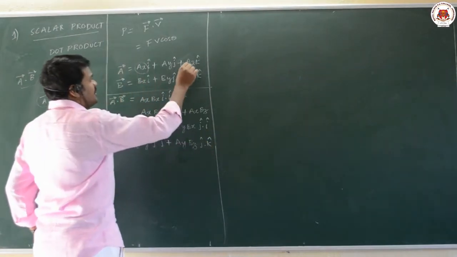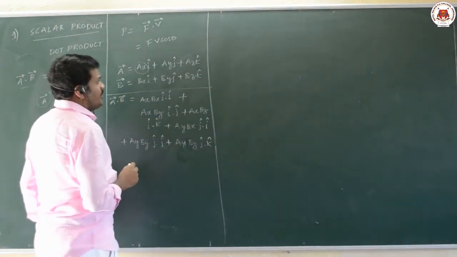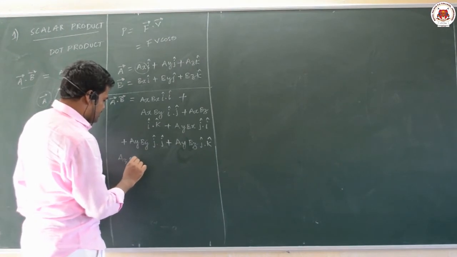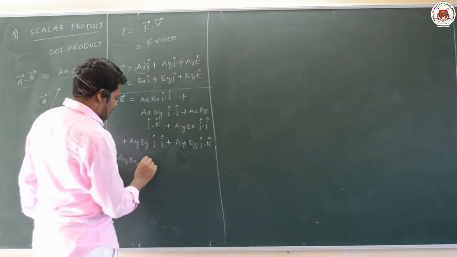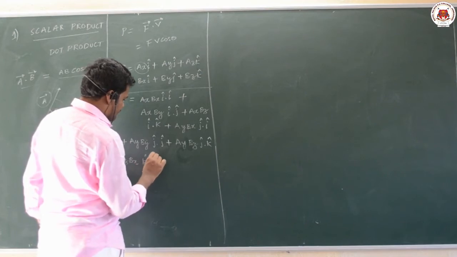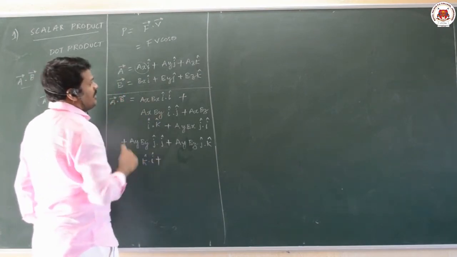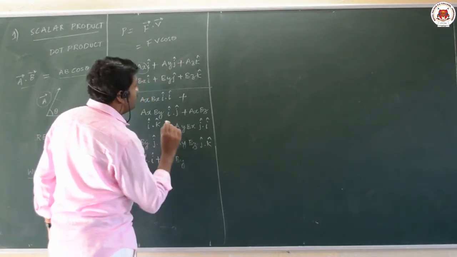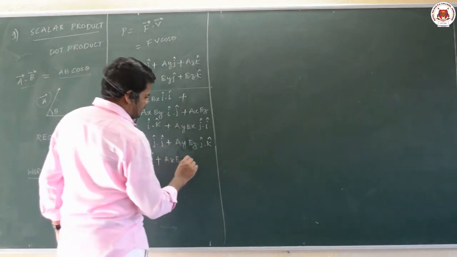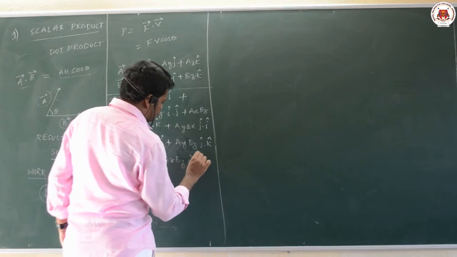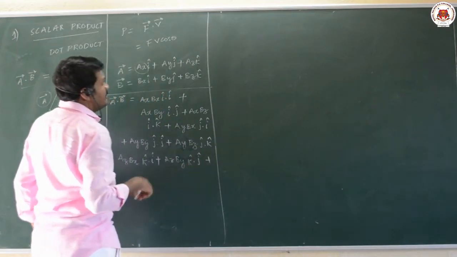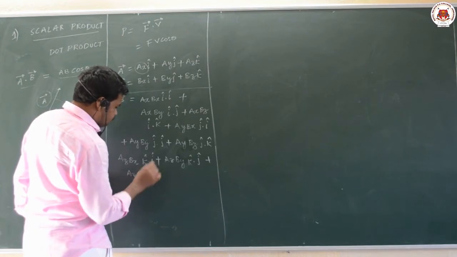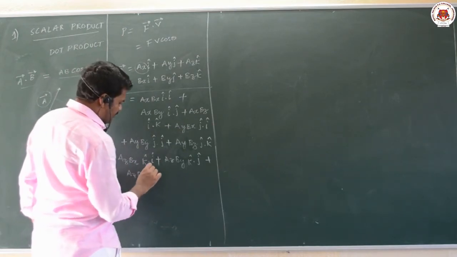Next, you take z and multiply all the three: az bx, k dot i, plus az by, k dot j, plus az bz, k dot k.